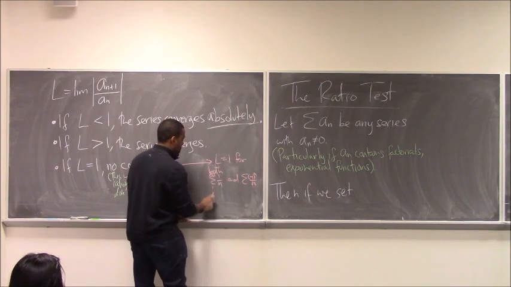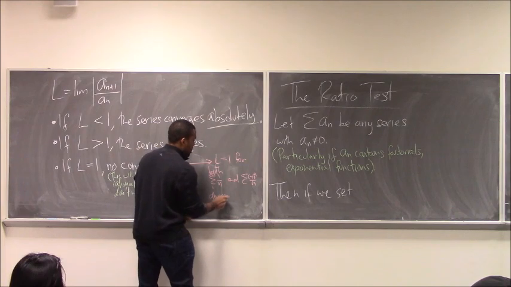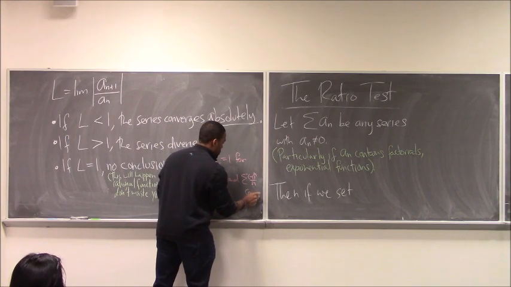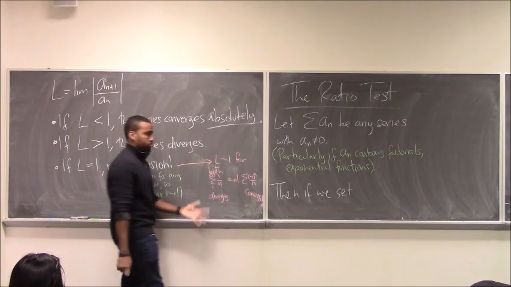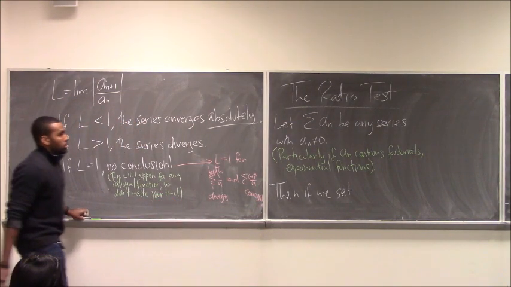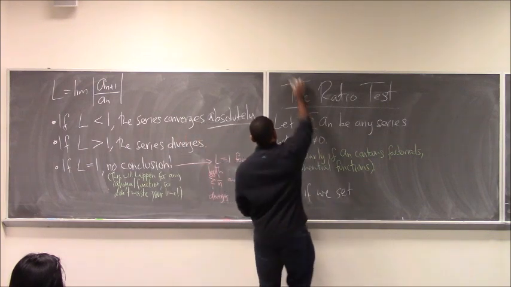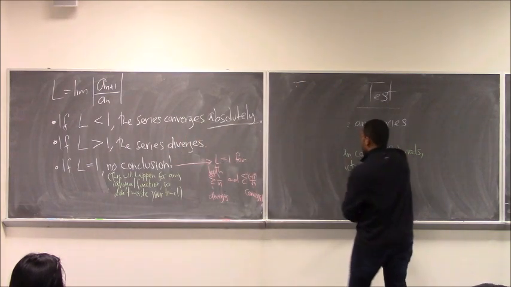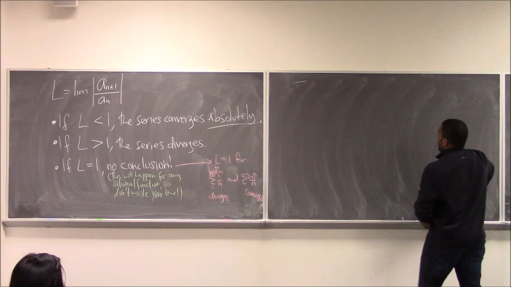And we know that this one diverges while this one converges. So if the limit is 1, it doesn't tell you anything. It's called the ratio test.